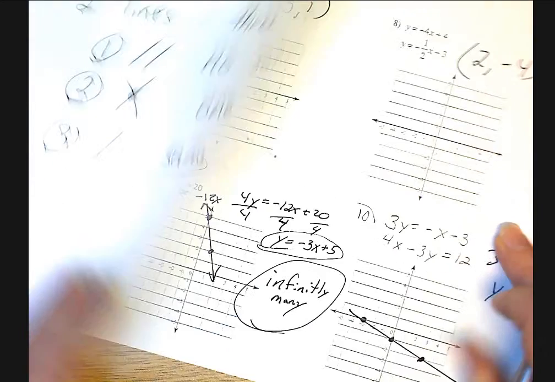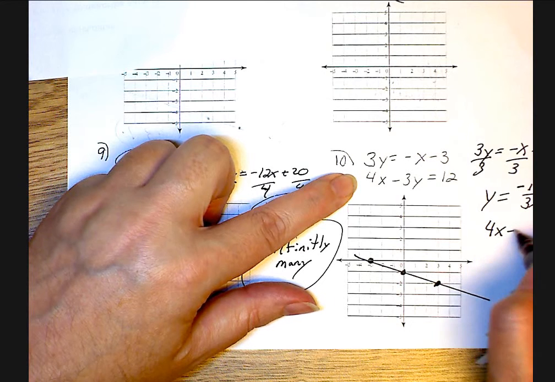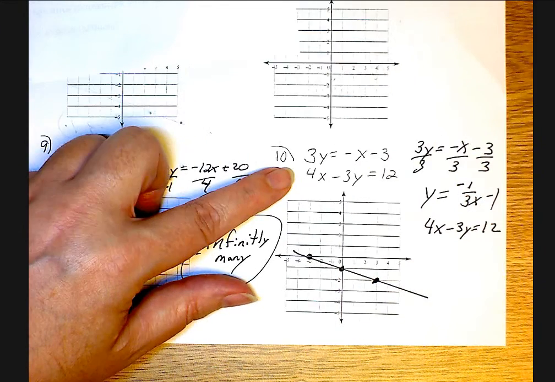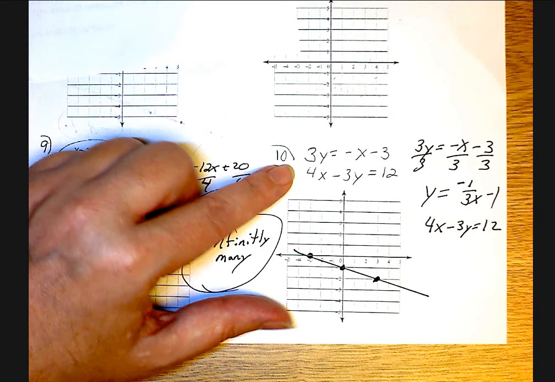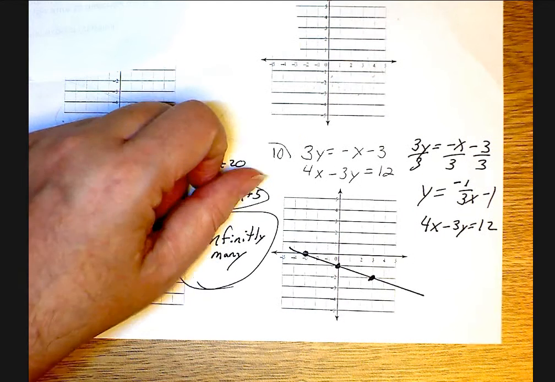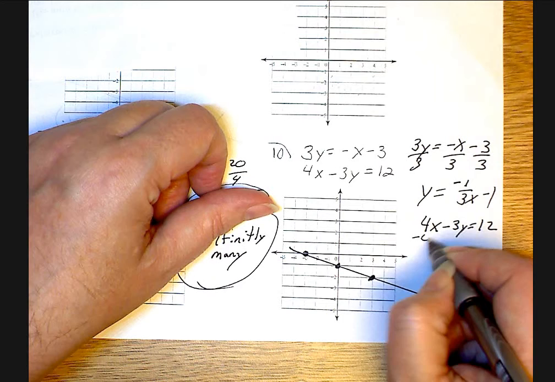Alright. Then we have 4x minus 3y is equal to 12. And what am I going to do to be able to graph that? So I'm going to minus 4x.